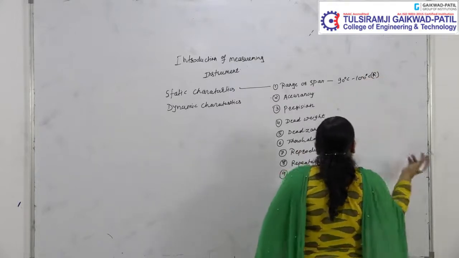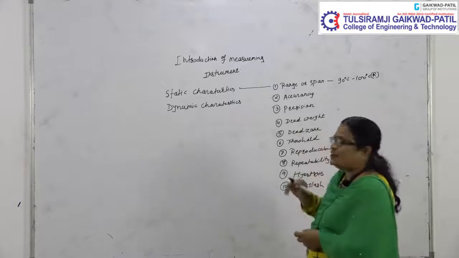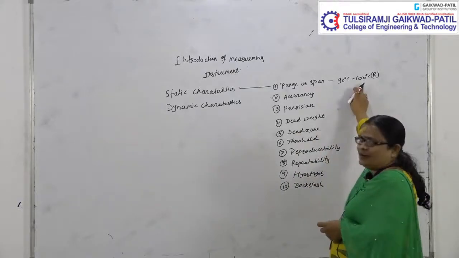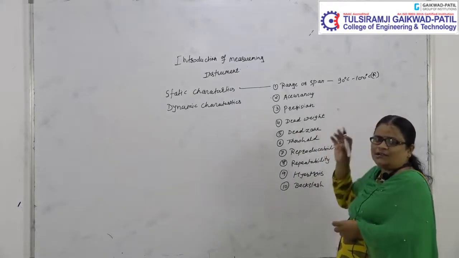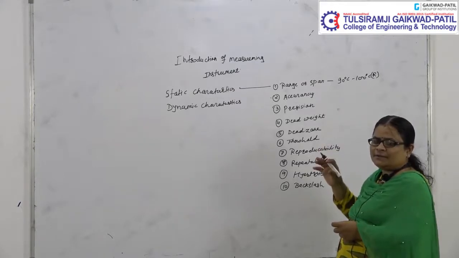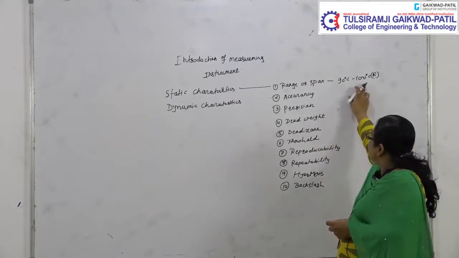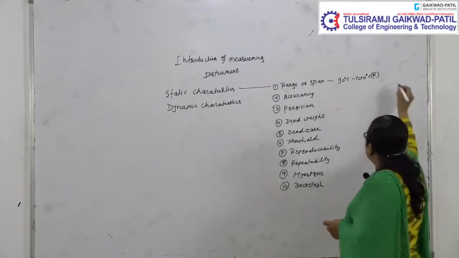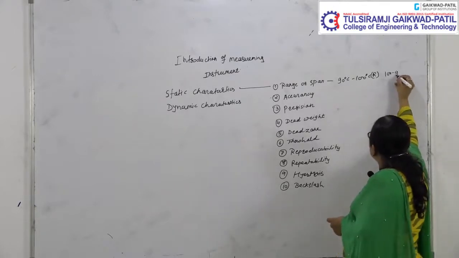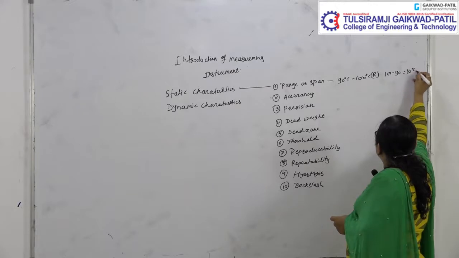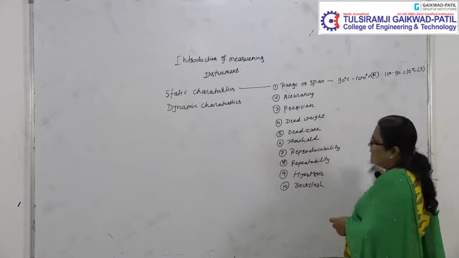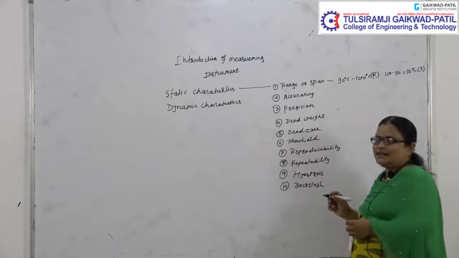But the span is the difference between the higher value and the lower value, that is 100 minus 90 is equal to 10 degrees Celsius, that is the span.